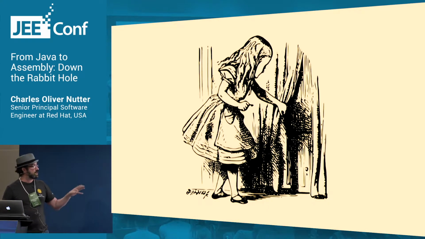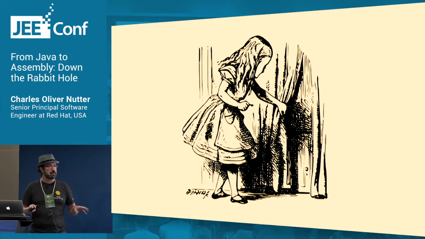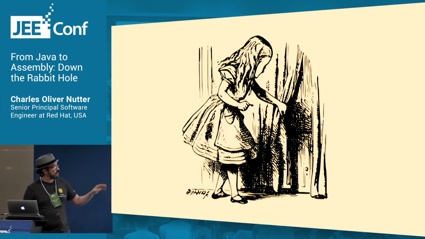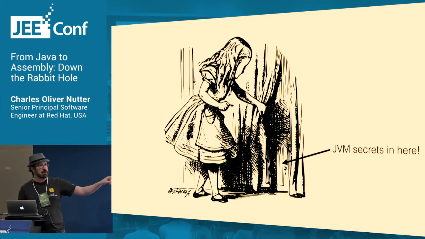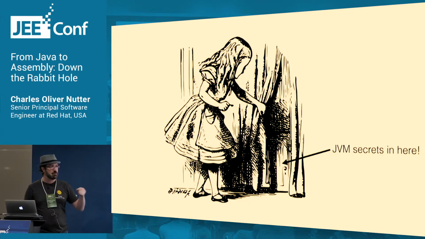And really, the thing is, we've got these applications, we've got our world of Java and our libraries and Maven and Gradle and Java EE and everything else, but all the interesting secrets of the JVM are down here, inside this little door, and we can't quite fit through. We don't know how to see what's happening inside the JVM Wonderland.